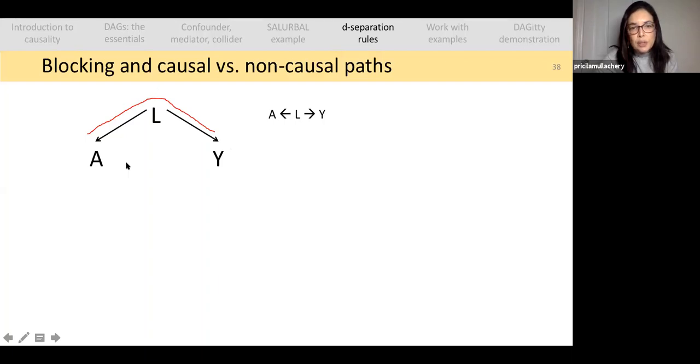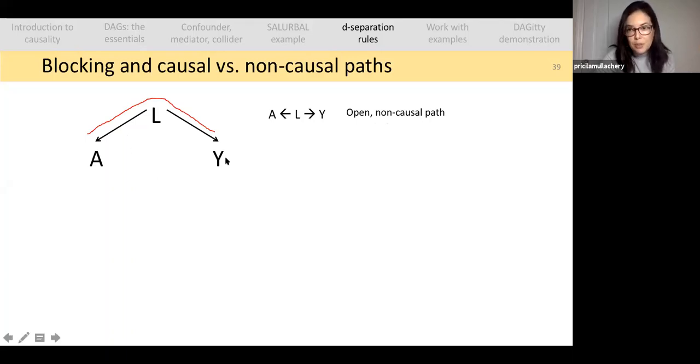We can think of this as a path that is an open path, because there is nothing blocking it; I'm not adjusting for L. It can also be classified as a non-causal path. When we think about paths, in all of these examples, we are always thinking about the path that goes from A to Y. Every time we talk about paths, confounders and colliders, we have to think about the path we're starting from.